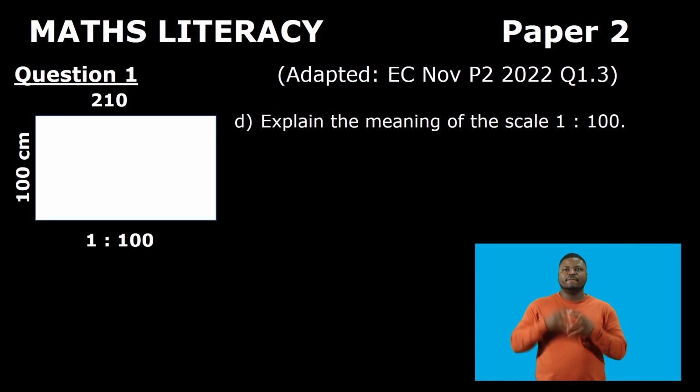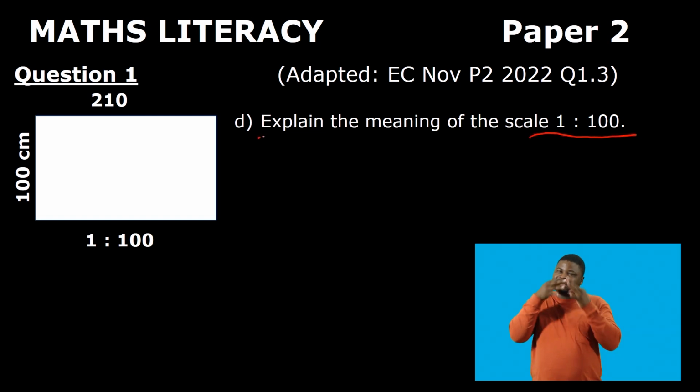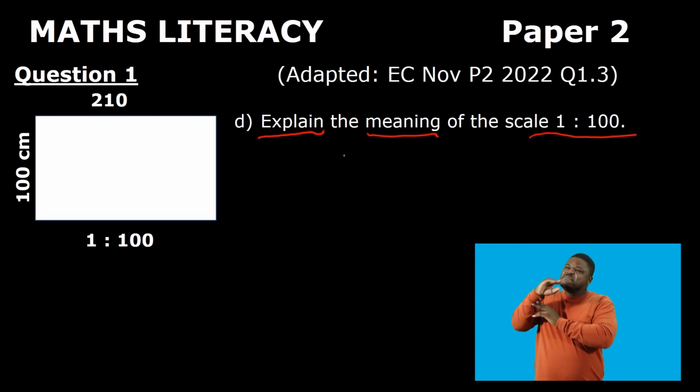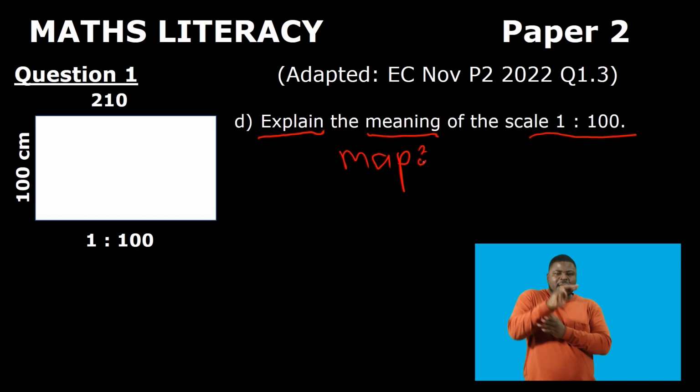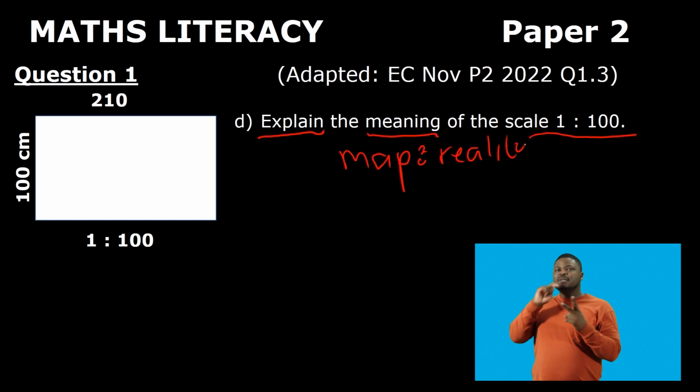Explain the meaning of the scale 1 is to 100. So remember the action verb, explain. What do I need to explain? The meaning. Now remember, when it gets to maps and scale, your ratio is always map to reality.